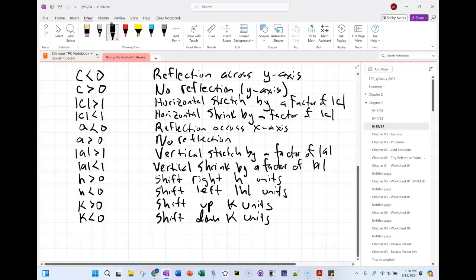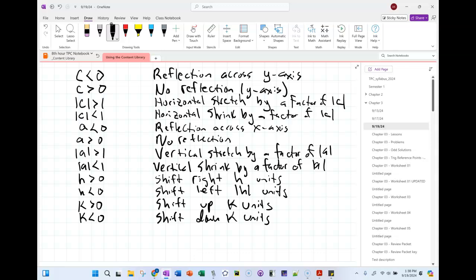Now notice, nowhere on here do I account what happens at H equals 0 or K equals 0, right? Guess what happens at those? Nothing, right? It means there's no shift either left or right or up or down if it's H or K equaling 0 respectively.